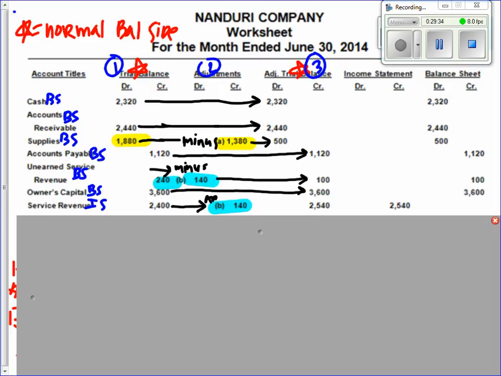And this time I'm adding. I got in my credit car, hit a road bump at another credit, so now I'm going to add. Why did that happen? Because what happened as part of that transaction? I turned unearned into earned. I get more money. So you see a plus. You actually see service revenue go up.